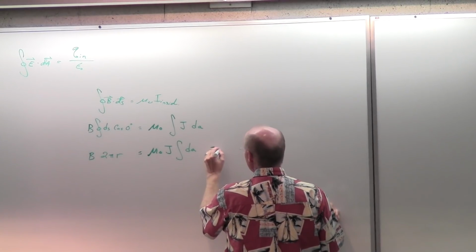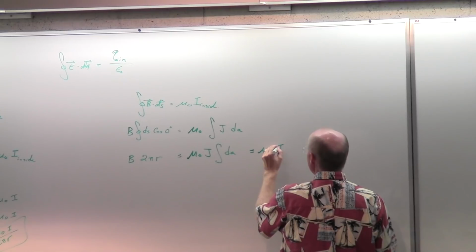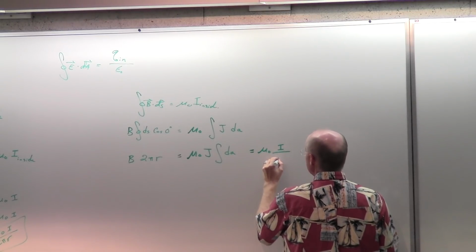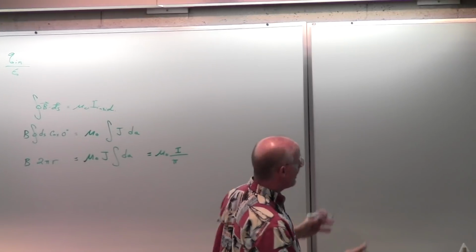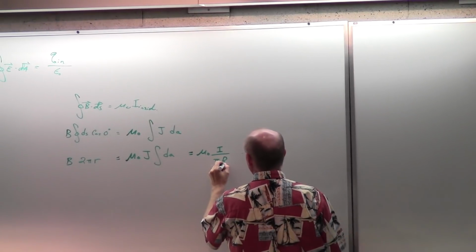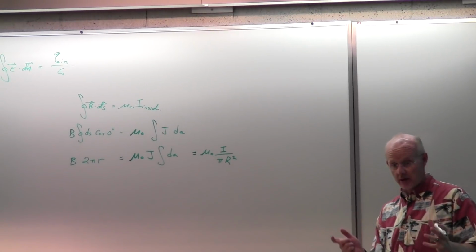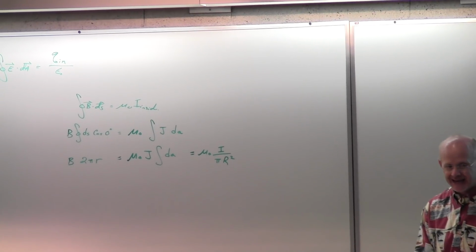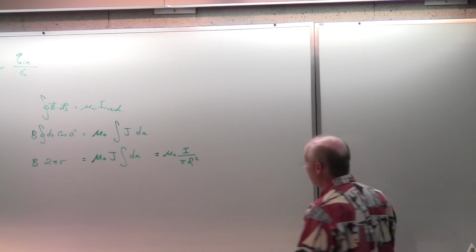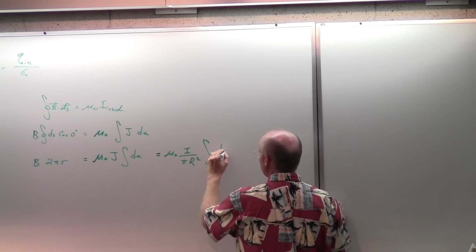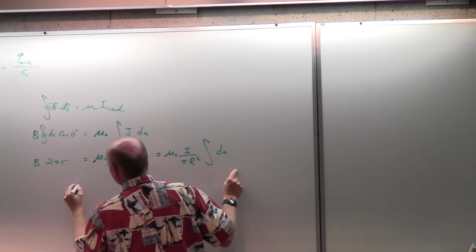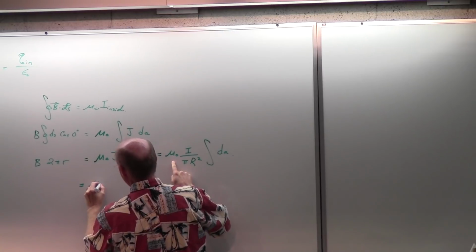In fact, the J would actually be the total current divided by the total area. And the total area is π capital R squared. Not to be confused with little r, because when I do the integral, what am I adding up in terms of the area?